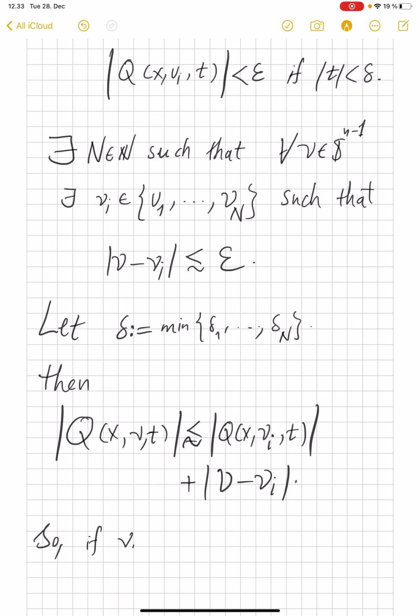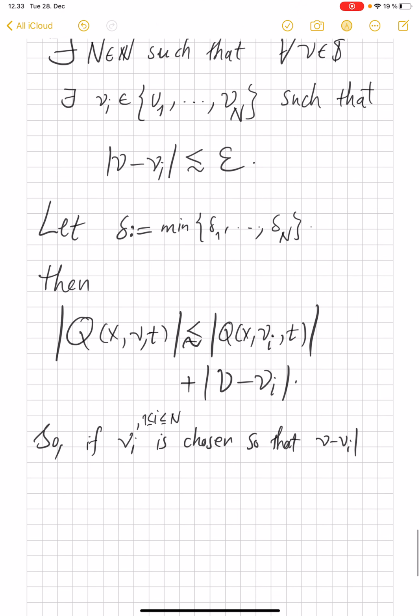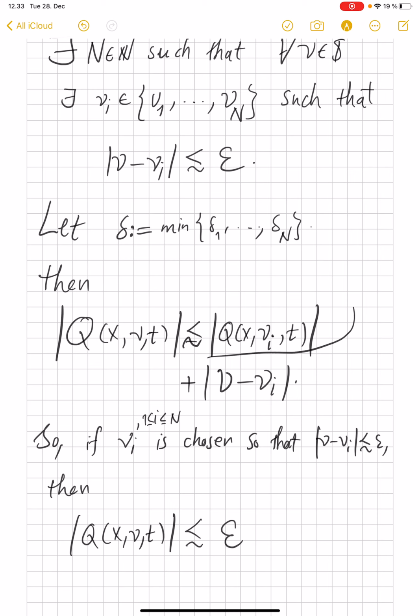So if vi, with i between 1 and capital N, is chosen so that it estimates this v, so that this is less than epsilon, then what I end up with is that Q(x, v, t) is bounded by this epsilon for this Q(x, vi, t). Because I choose, of course, t less than this common delta, which was the minimum of delta i between 1 and N. Then this is less than epsilon because vi is among this list and delta i is bigger than delta.